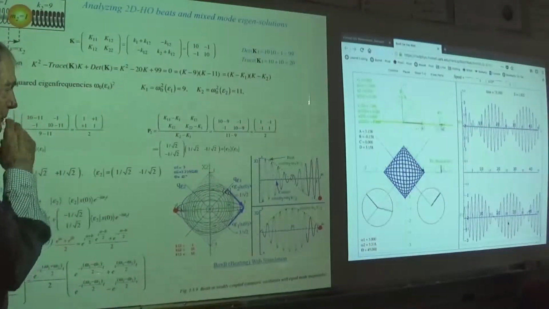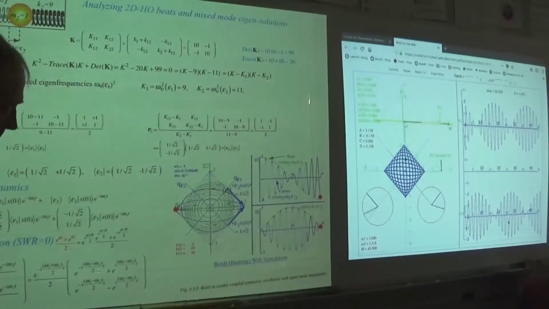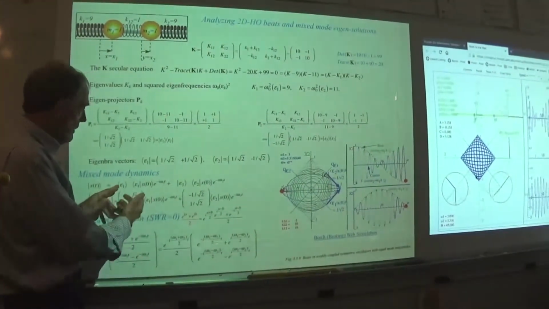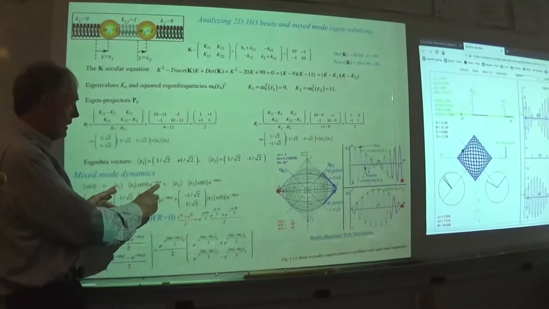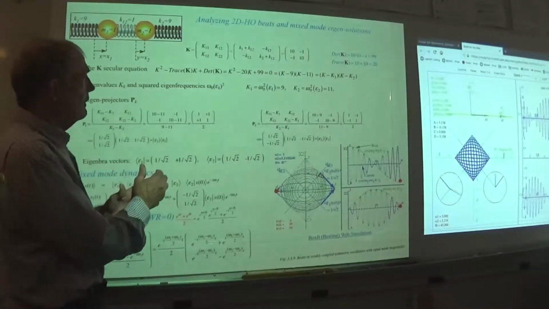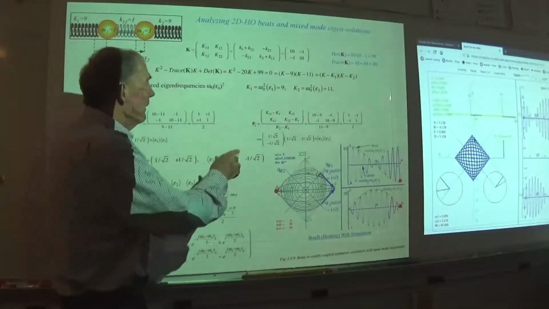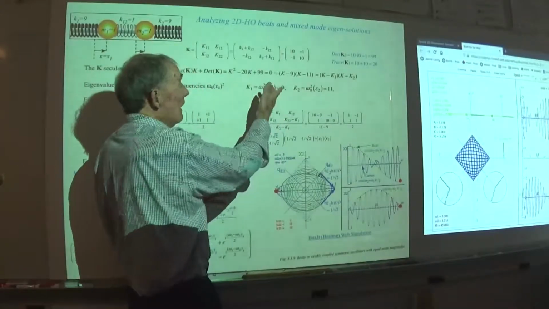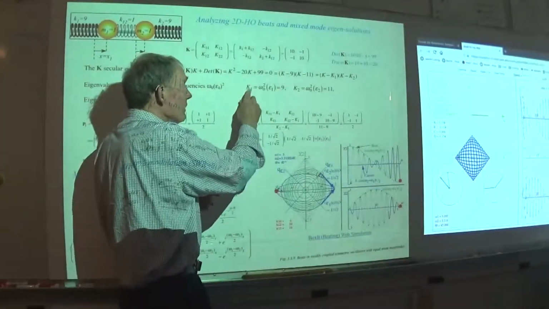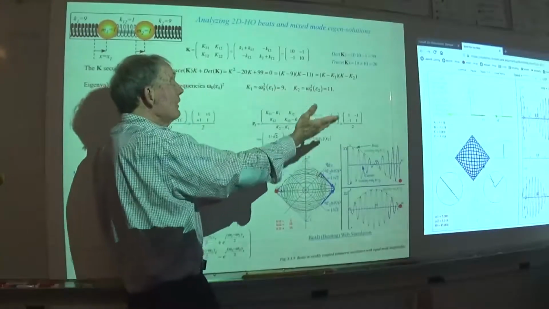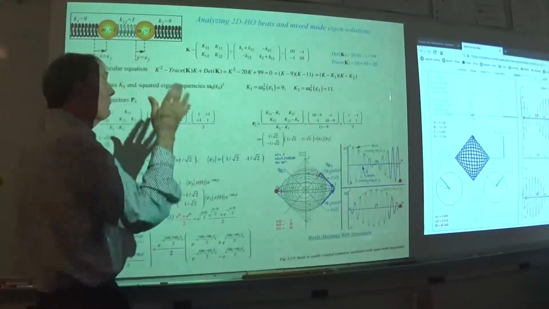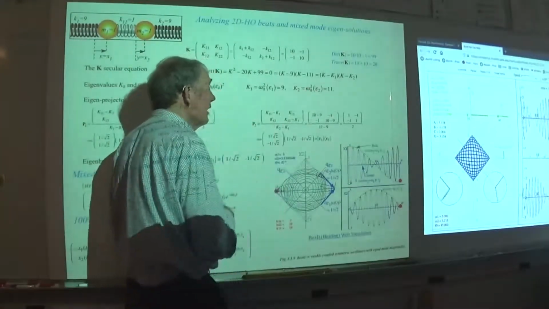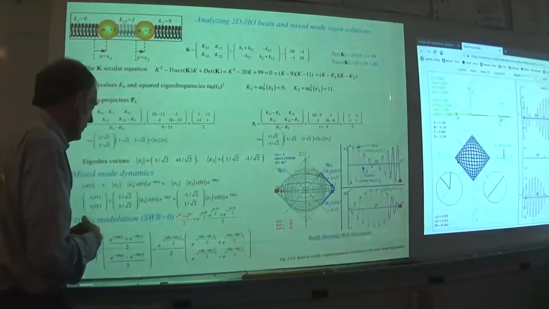But the main thing that I want to emphasize about this particular case here, where I'm adding something that has this frequency omega 1, that's this epsilon right here, and now I squared that, this K1 eigenvalue should be frequency squared. This is classical oscillators, not quantum. We'll be doing quantum shortly, next lecture. But for now, it's always a square of the frequency that you'd be writing into there.